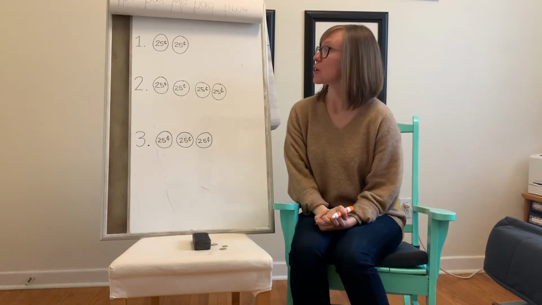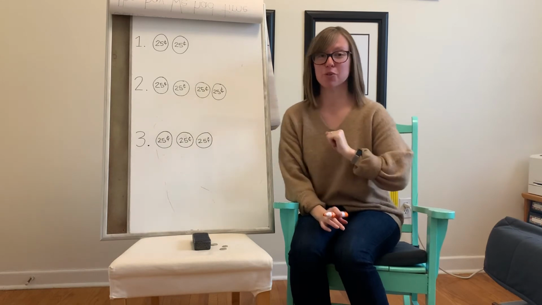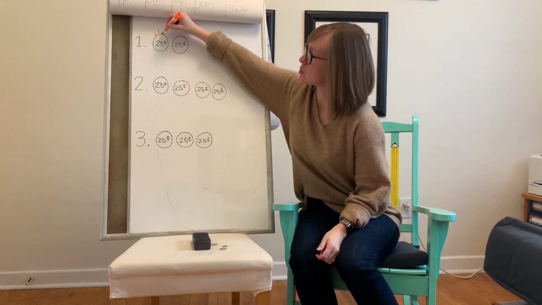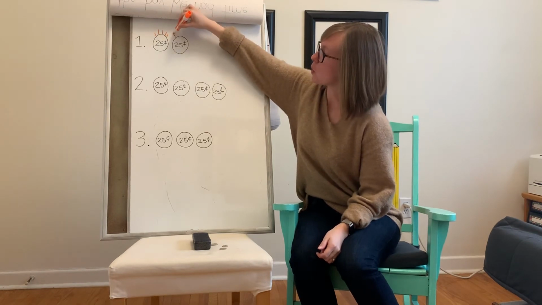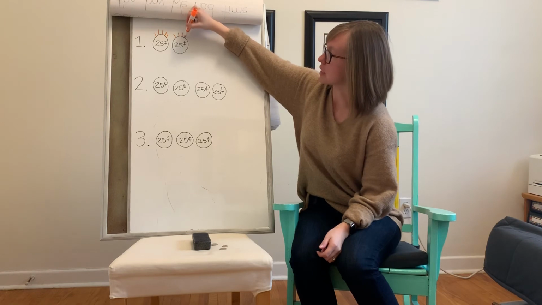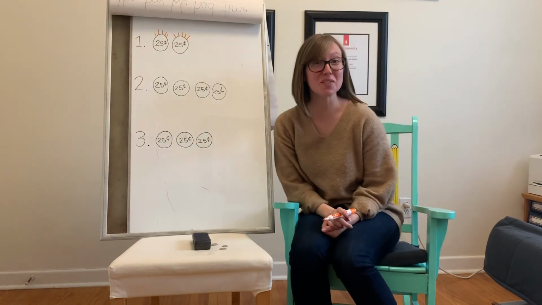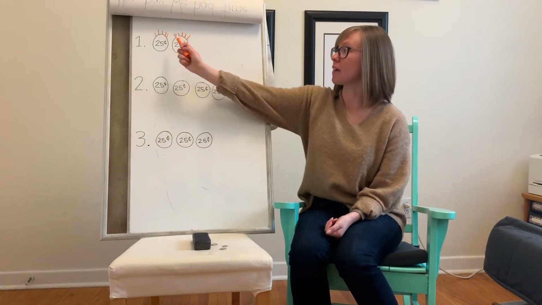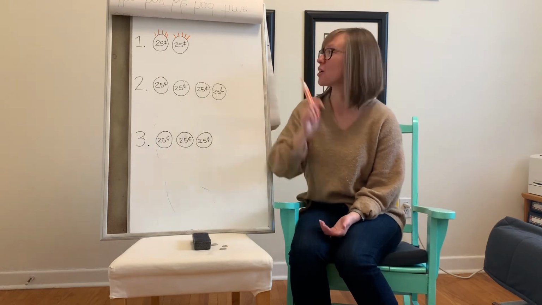So I'm going to start by adding 5 hairs on each of those quarters. I'm going to go 1, 2, 3, 4, 5. 1, 2, 3, 4, 5. Now, that is a lot of hair, but it's going to help us skip count by fives to add up this value of our quarters.